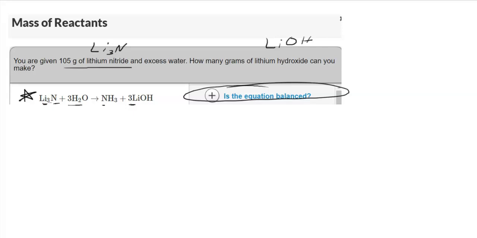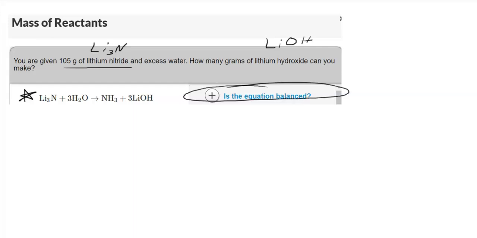I have 3 hydrogen here, and then these 3 hydrogen make 6 hydrogen, so my hydrogen are balanced, and I have 3 oxygen here, and 3 oxygen here, so my oxygen are all balanced. So yes, we have a very lovely balanced chemical equation. I'm going to get rid of all that mess.